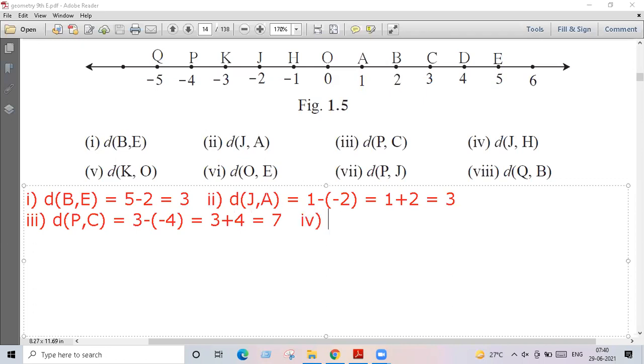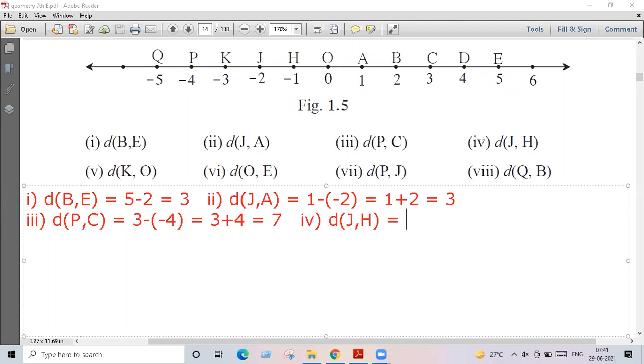The fourth one is easy, so I won't take much time. Next is distance JH. Here H is -1 and J is -2. Remember, -1 is greater than -2. Whatever is on the right hand side is always greater than the left hand side.